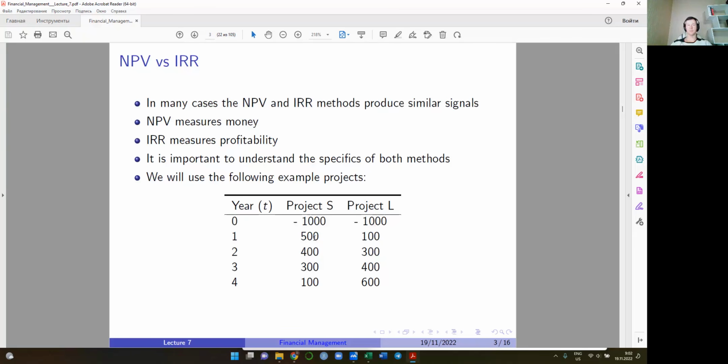And then we expect 500, 400, 300, 100, again in millions. Project L has another scheme: we start with relatively small cash flows, and then through the course of this project, cash flows increase. The cost of capital for this project is going to be 12%, as in the previous lecture.